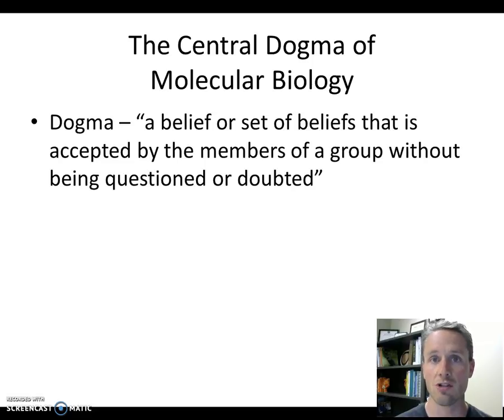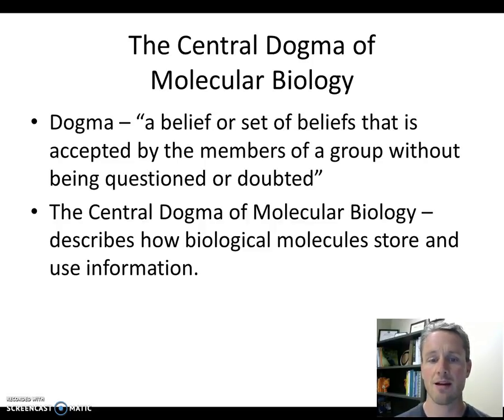This overall dogma describes how biological molecules store and use information. All right, so when we talk about this central dogma, we're thinking about some major molecules. We'll identify what they are. And then we're going to think about some processes that allow us to use those molecules to store and execute the information in those molecules.